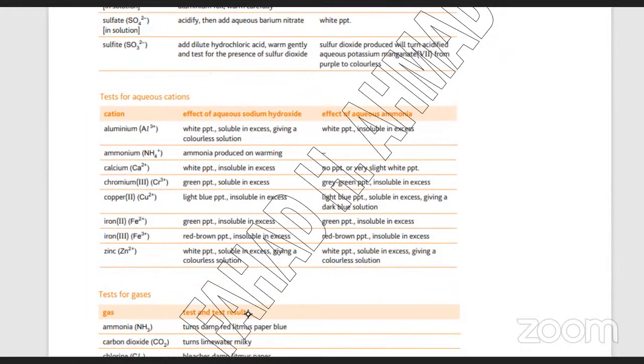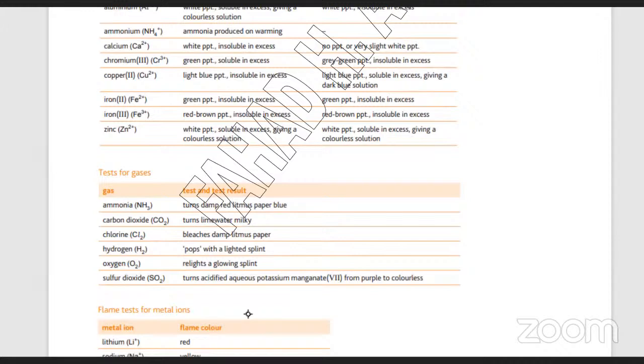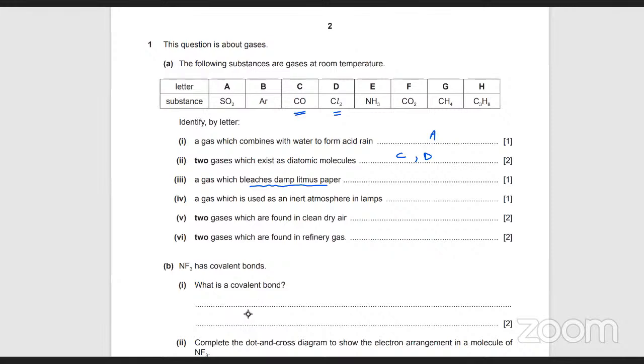Bleaches damp litmus paper, ठीक है, gases के अंदर if you have a look, तो it's this one, that's Cl2 gas. So Cl2 gas का जो test है, that's so this is D.